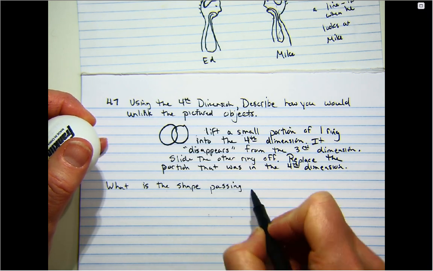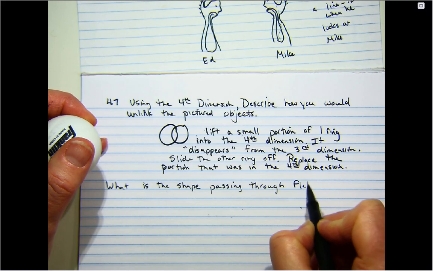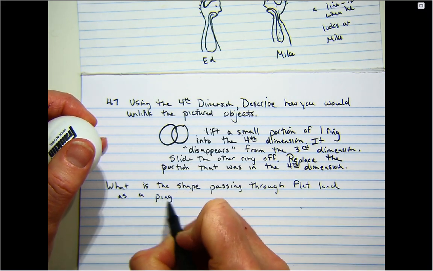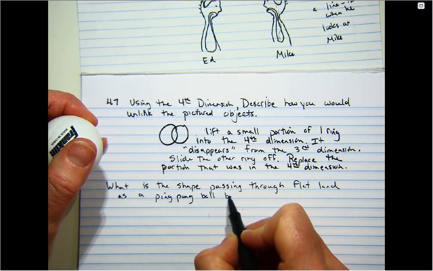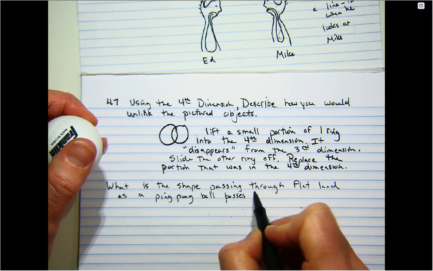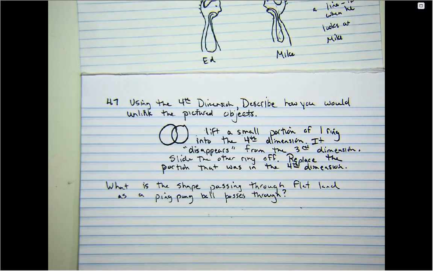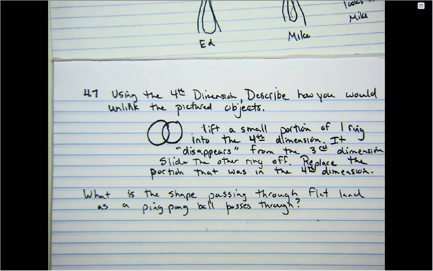So let's think about what is the shape passing through Flatland as a ping pong ball passes through. And I think you have a couple of problems like that in your 4.7 homework, but I could be wrong. So where you're looking at basically cross sections, right?